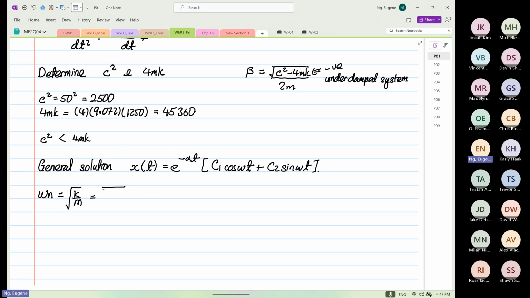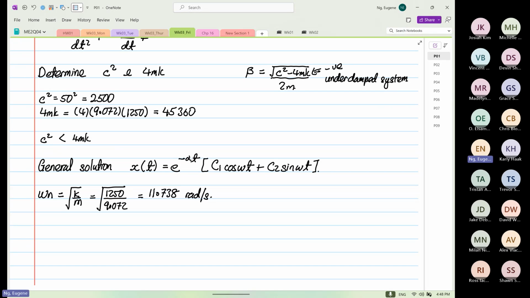So k is equal to 1250, and our mass is 9.072. When you compute this, the square root of the whole thing is 11.738 radians per second. Okay.